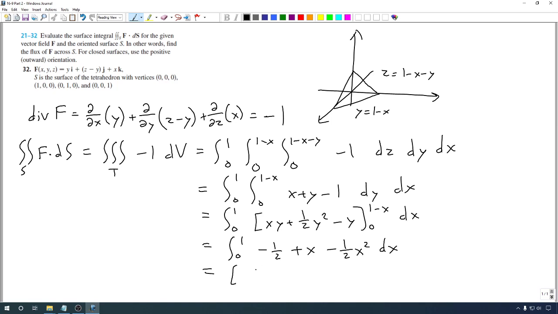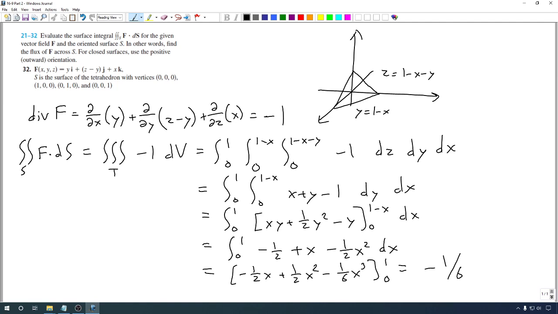And of course, integrating that, we get negative 1 half x plus 1 half x squared minus 1/6 x to the third, going from 0 to 1. Well, of course, we get to plug in 1, we get negative 1 half, positive 1 half, those cancel out, and then minus 1/6. And that's our answer.